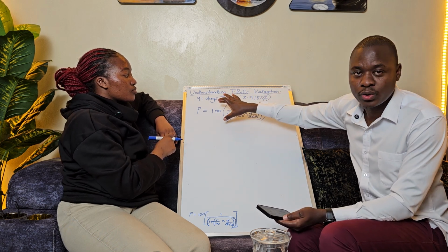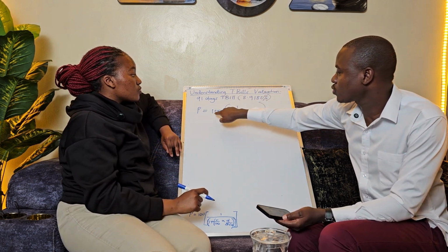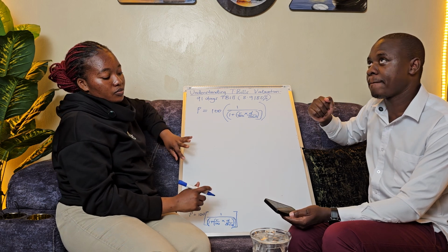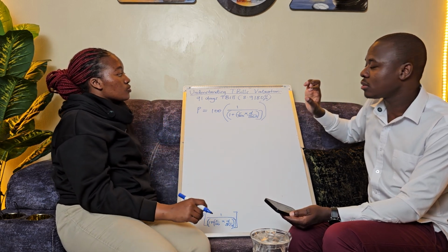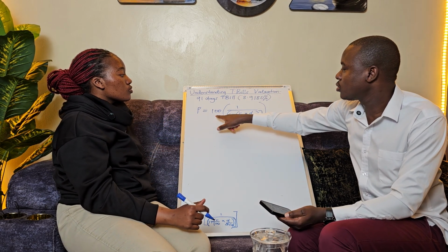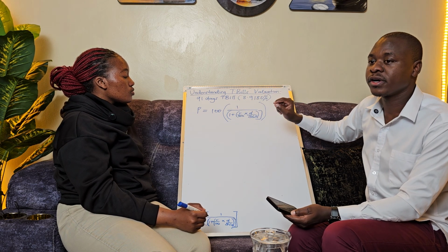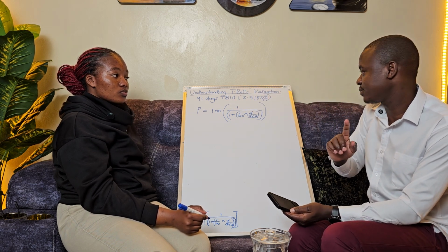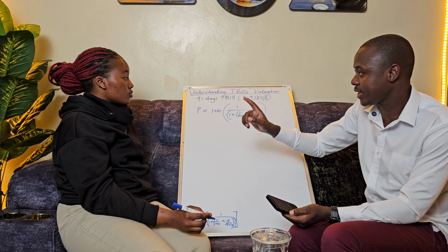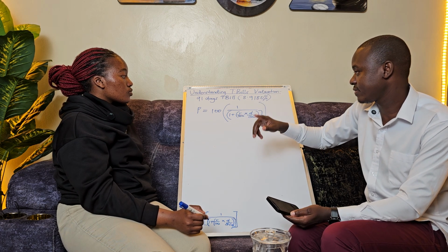just to break down or to explain this formula. Now, this 100, we usually say that when you are evaluating the treasury bill, we usually evaluate for every 100 of that particular investment. So even if you have 500,000, we're saying for every 100 of that 500,000.